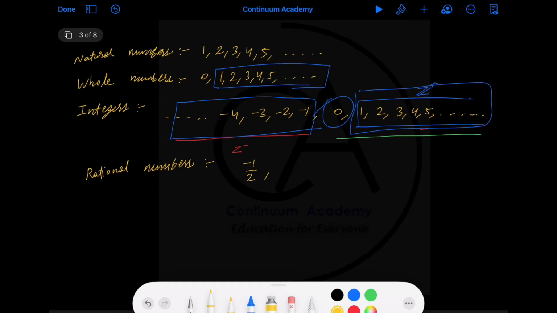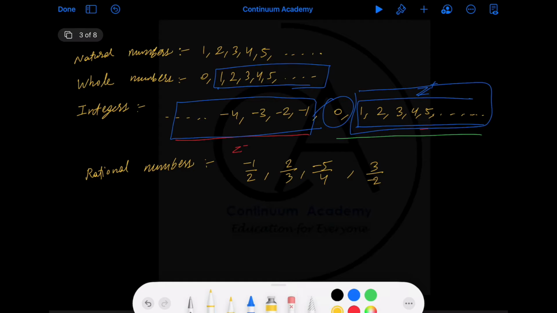Next, 2 by 3, minus 5 by 4, next 3 by minus 2. If we multiply numerator and denominator by minus 1, we get minus 3 by 2. So these are our rational numbers.